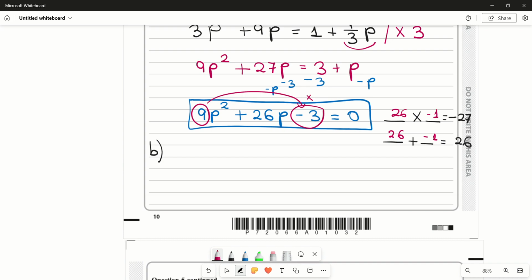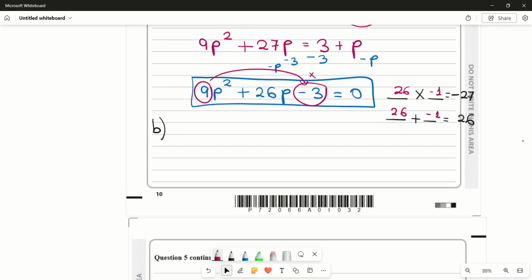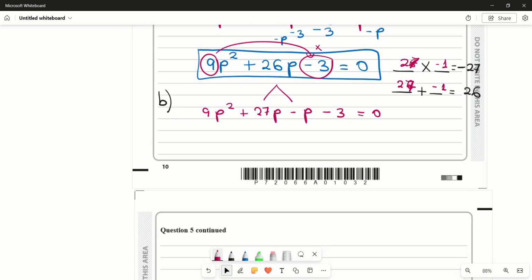So therefore I'm going to split 26p into 27p and minus p. 27 times minus 1 is minus 27, 27 minus 1 is 26. I'm going to split 26p into 27p and minus p, and I'm going to minus 3, and I'm going to copy down the first term, and I'm going to copy down the last term.